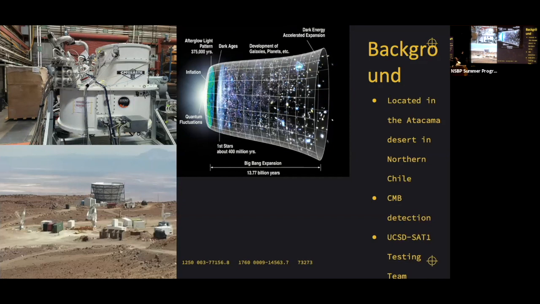This is the picture of the telescope. It's in San Diego right now. And this is a picture of the observatory, and it will be at the Atacama Desert in Chile. It's a nice little place, high altitude, and it will allow access to 80% of the sky. So that's pretty cool.